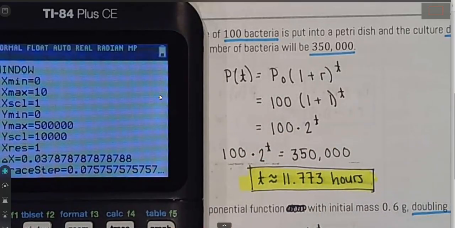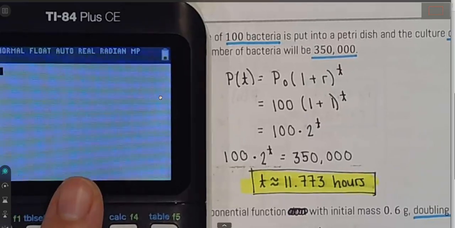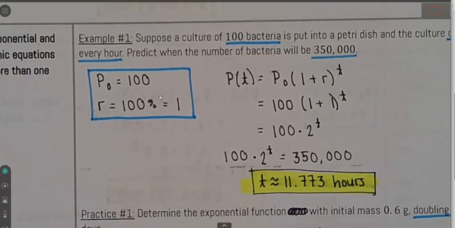And then I would just need to change my x max to something that included that. Are you guys becoming more comfortable playing with your window on the calculator? Okay. Do you guys feel like you could solve one like this? Maybe.